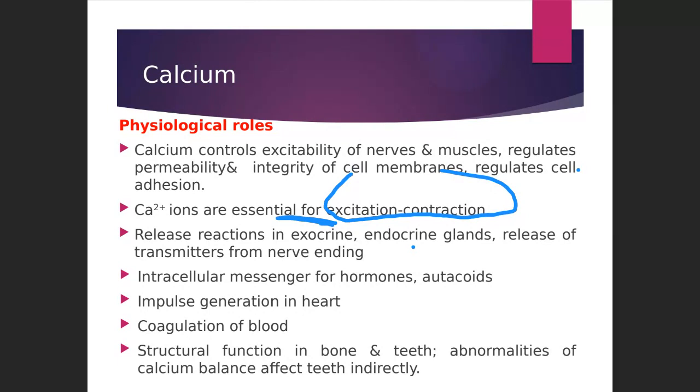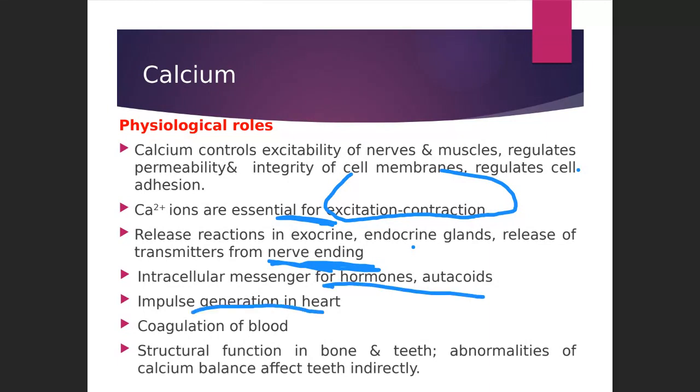Calcium released at the nerve ending helps in the release of neurotransmitters. It is also an intracellular messenger for hormones and autacoids.